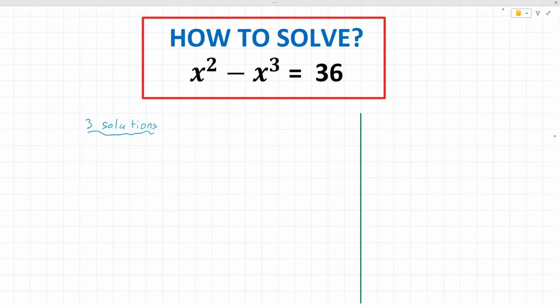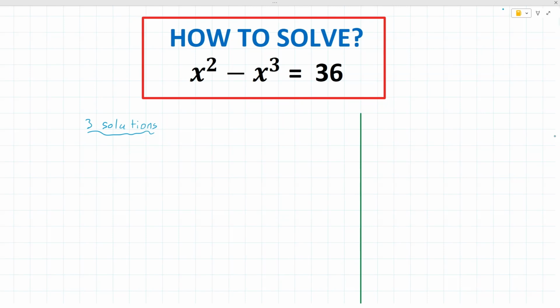If you think about a positive number, for example, 5 squared is 25, and if you subtract 5 cubed from that, you get 25 minus 125, which is a negative value. So the only way you're going to get 36, a positive number, is if the number that you're squaring is negative and turns into a positive, and then you subtract a negative number cubed, which is going to work out nicely for you.